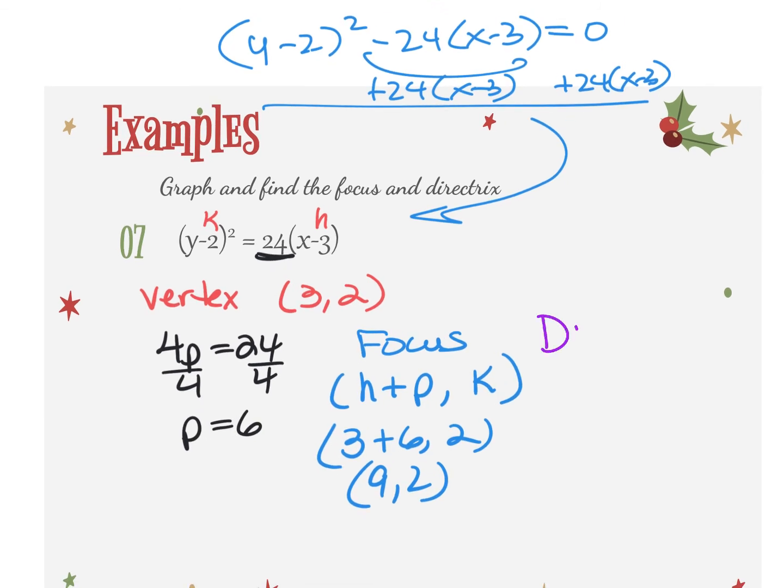For the directrix, the non-squared variable, which is x, and your x equaled 3, and then you add the opposite of p, which will be -6. So x equals -3 is the directrix.